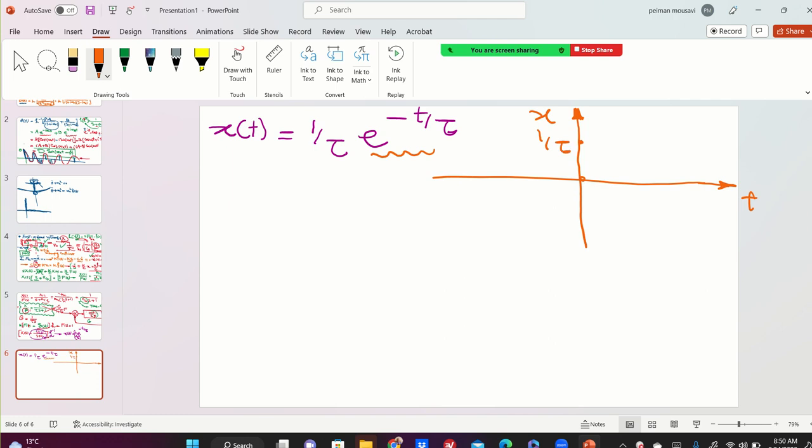At time 0. At time infinity, a large number of t, how much is it going to be? How much is going to be e to the minus? Yes, 0 here. So you're going to have this.